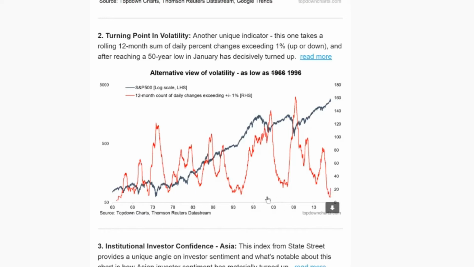When you get a turning point in this indicator, sometimes it happens in the early stages of a new bear market, as it did in 2007, 2008. Or it can be correlated with a more erratic bull market, which was characterized quite succinctly in the late 90s.